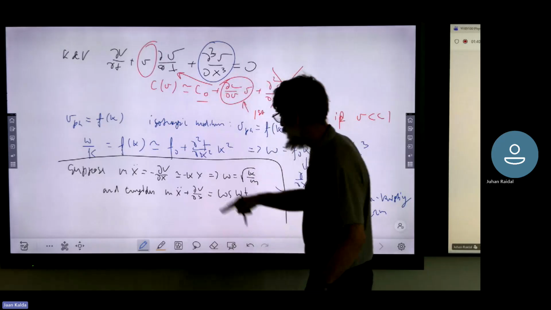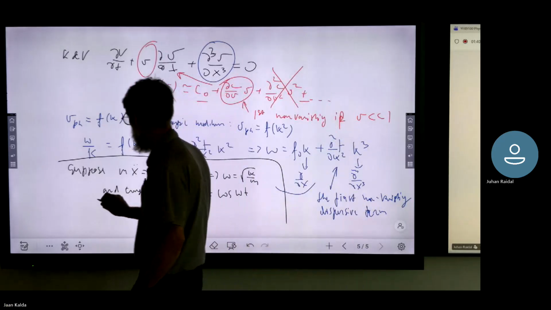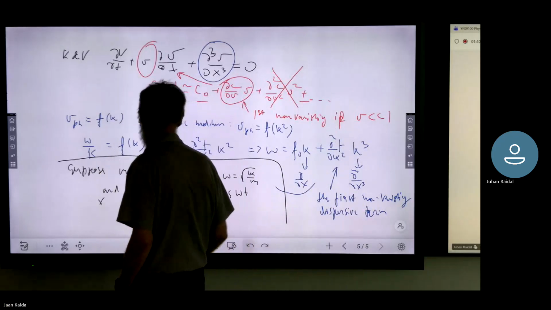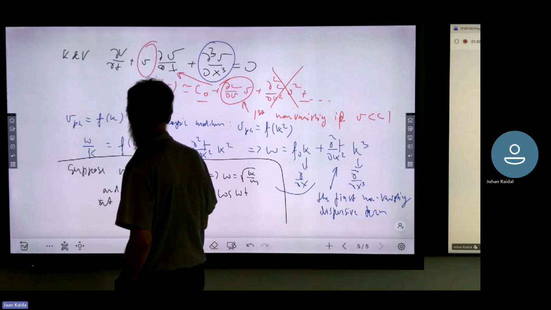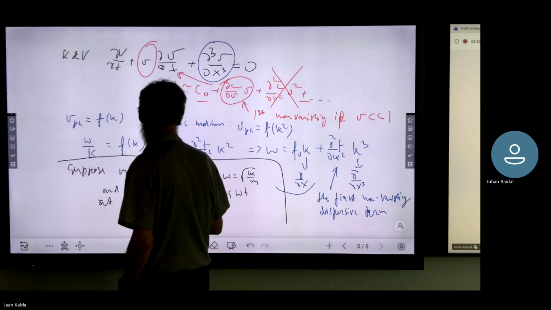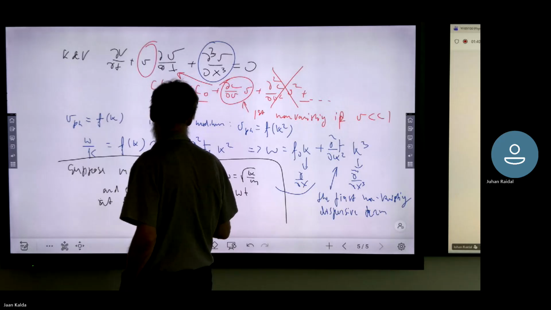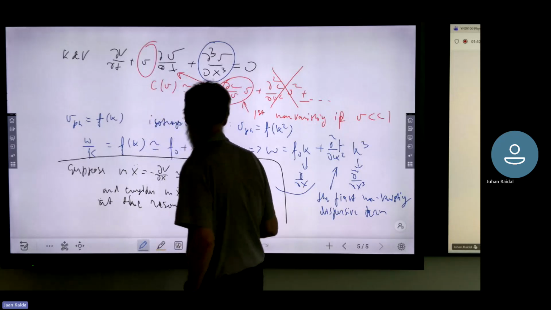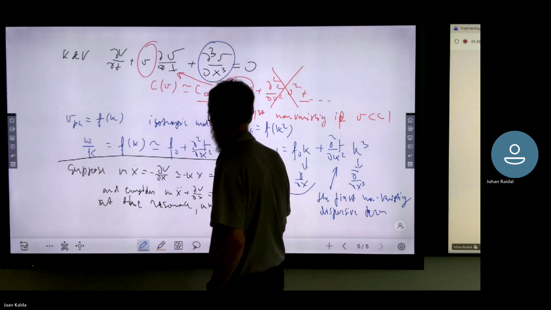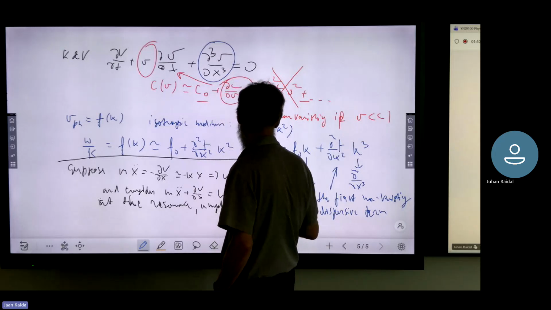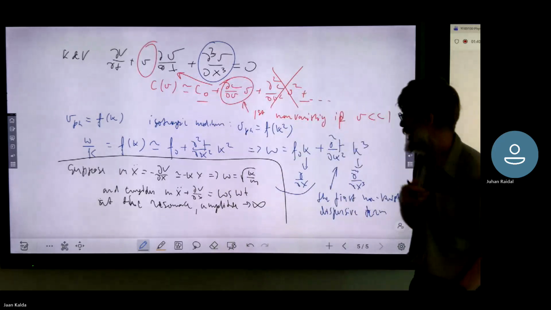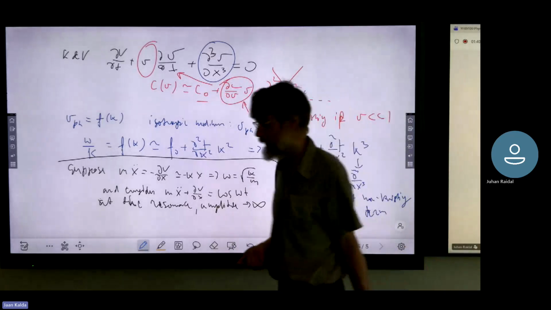Right? This is resonant. At the resonance, the amplitude goes to infinity, right? But in reality, it doesn't go to infinity, right?